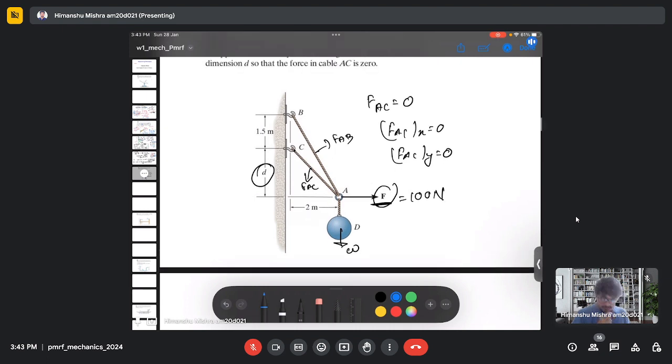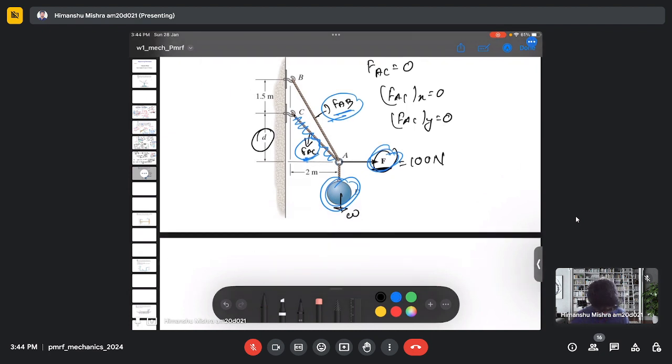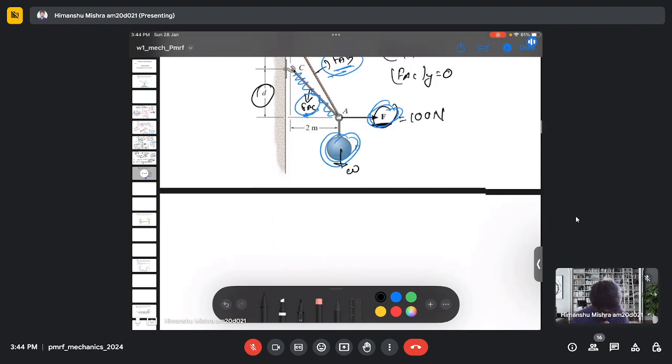So let's come back to this question. Now we have to consider the components of all these forces, but the condition is given that the force AC is zero. In that case, we need to ignore this, so the component of this force will be 0, and we will be using the remaining three forces in our analysis. So let's make the free body diagram first.